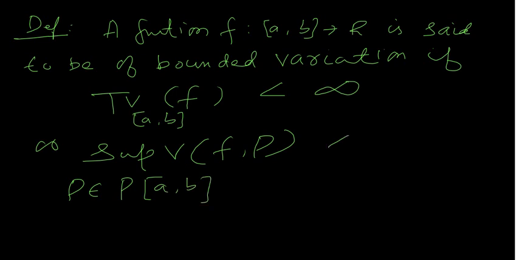This should be finite. So in the last example we have seen that the total variation of the function f of x equal to x square on the closed interval [0, 1] is finite, because that number is equal to 1. So therefore that function is of bounded variation.